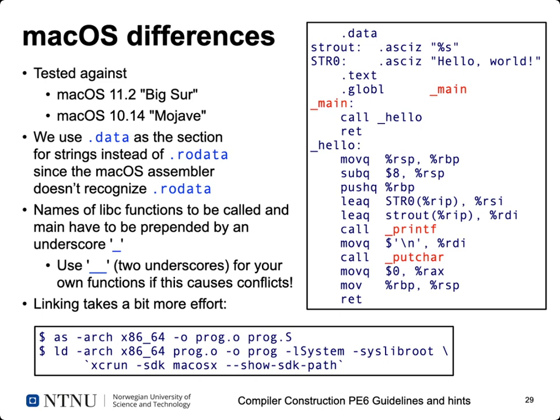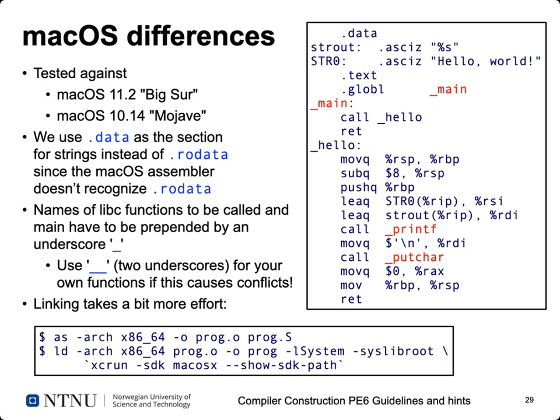And since you could also be on an ARM Mac when assembling this, we actually pass -arch x86_64 explicitly to tell our assembler. The assembler can generate code for ARM and for x86. We tell our assembler to generate x86 code here, and then we call our linker explicitly.